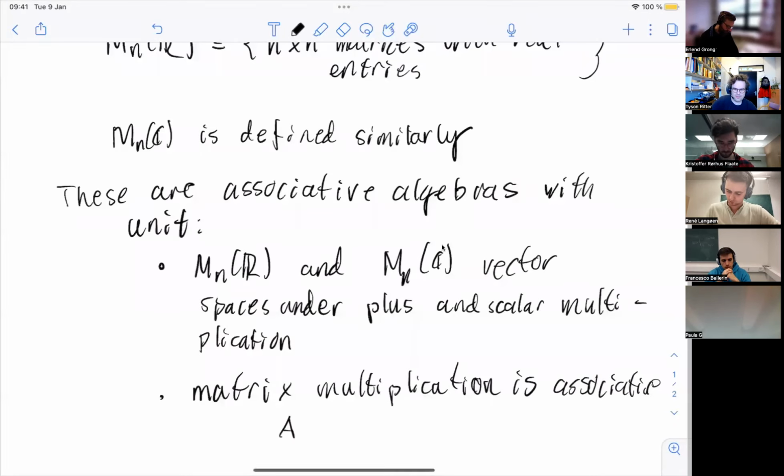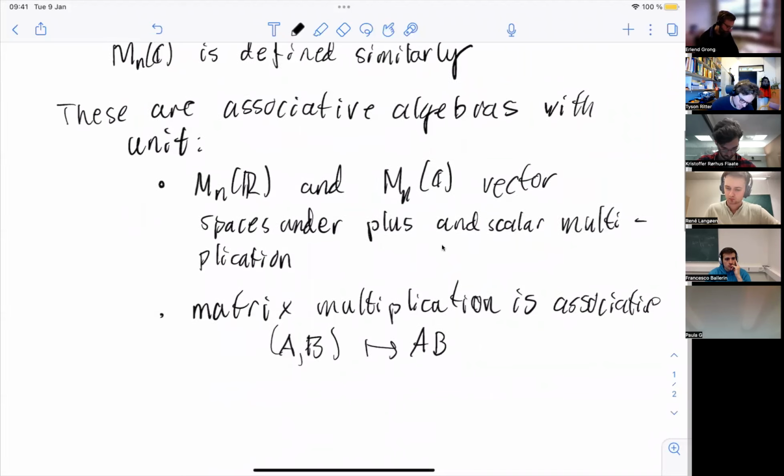So taking two matrices, multiplying is an associative operation.